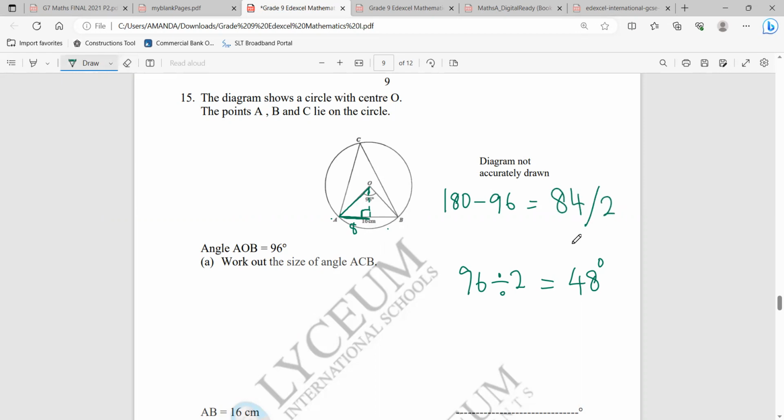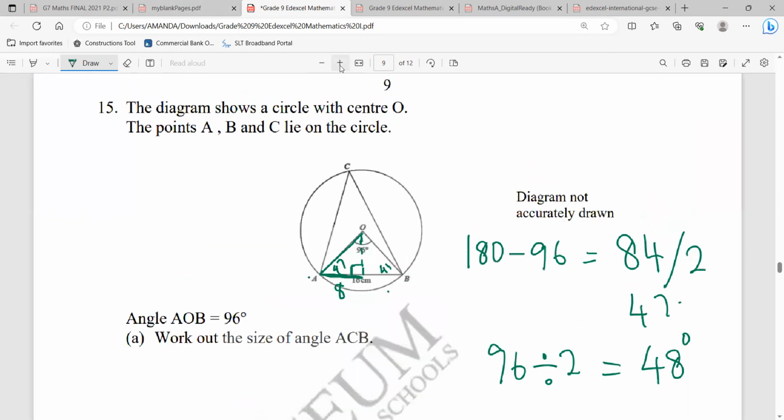Divide by 2, 42. Angle A is 42, and this is also 42. Angle A and B.